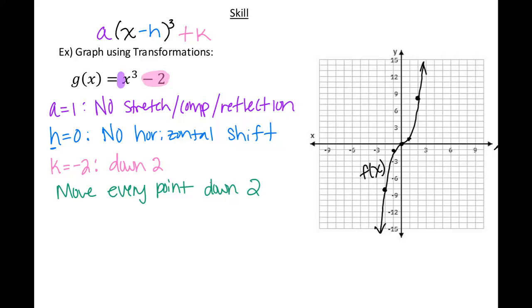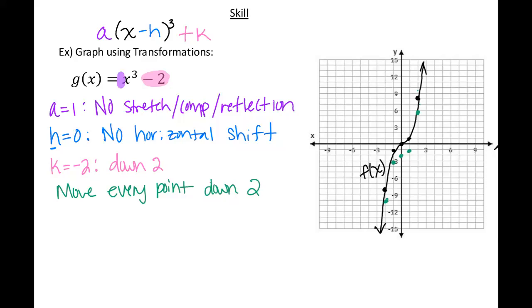And just take every single point and you're going to move it down 2 times. So just down 1, 2. -1, -1. I'm going to move it down 2 times. 0, 0. Move it down 2 times. 1, 1. Move it down 2 times. And then that's -2, -8. Move it down 2 times.